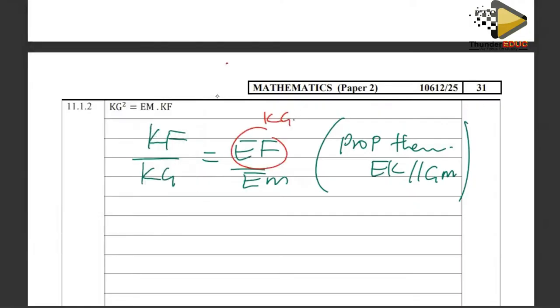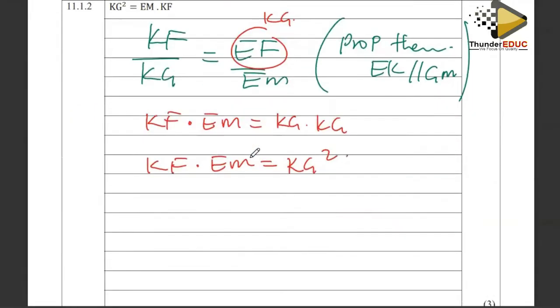Meaning that KF multiplied by EM is equal to KG times KG. So meaning that KF times EM is equal to KG squared. That's what the question wanted using the proportionality theorem. And then 11.2.